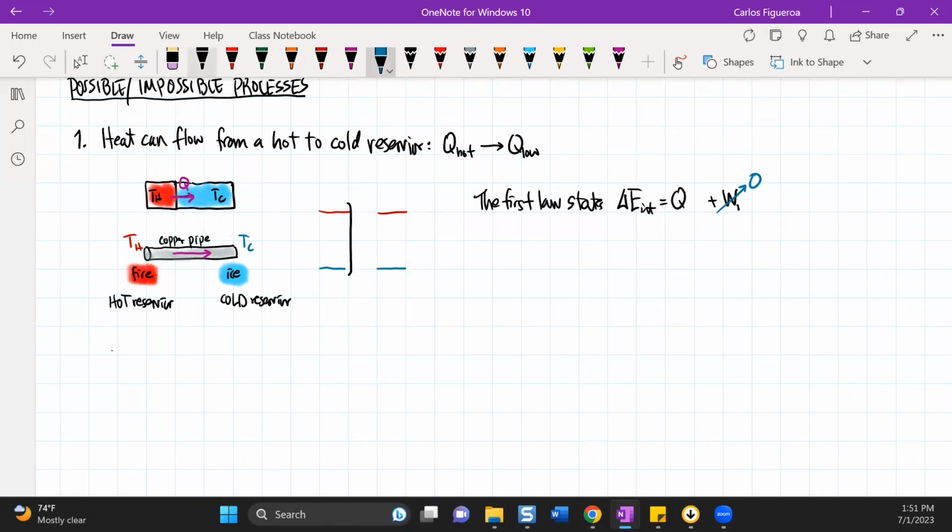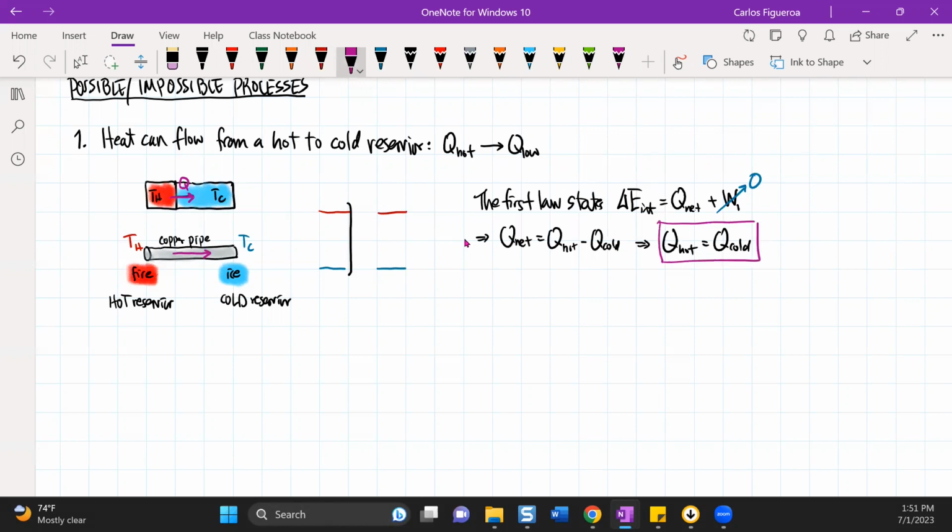That's zero. So in this case, this heat that changes the internal energy has to be the difference between the two ends of the rod. So this tells me then that Q net has to be Q hot minus Q cold, which then tells us that Q hot must equal Q cold. Right? So that's what we're saying right here.